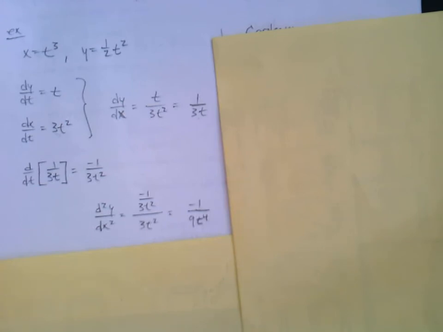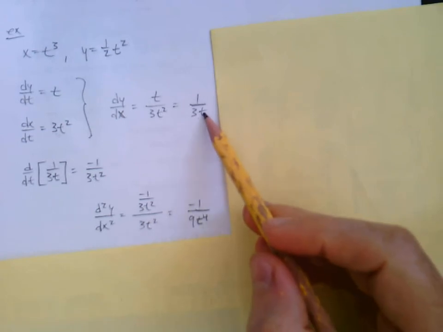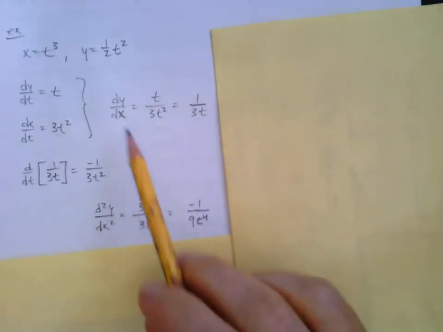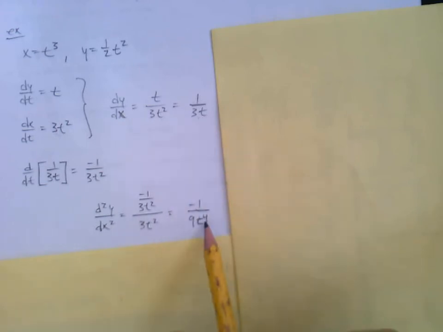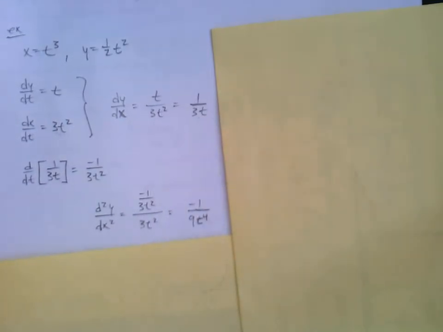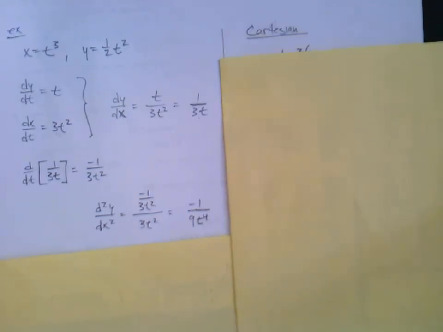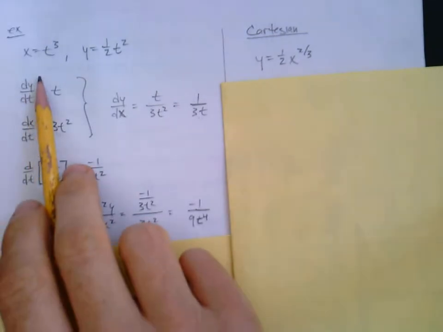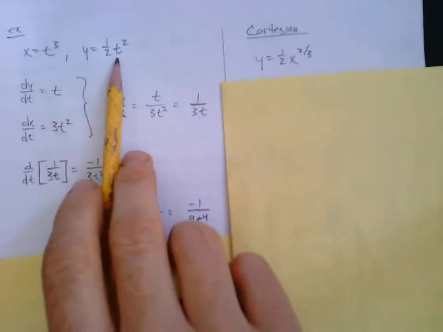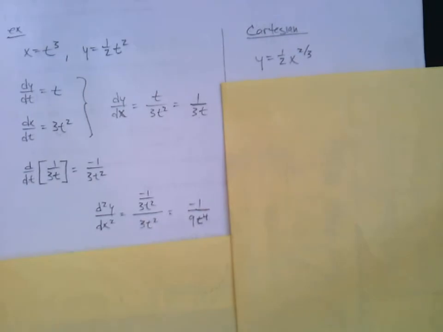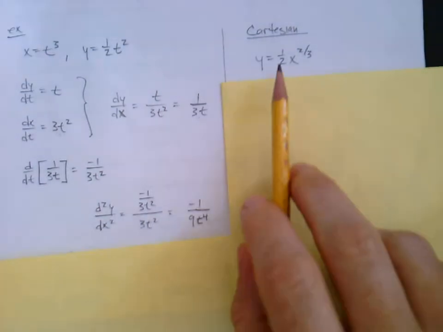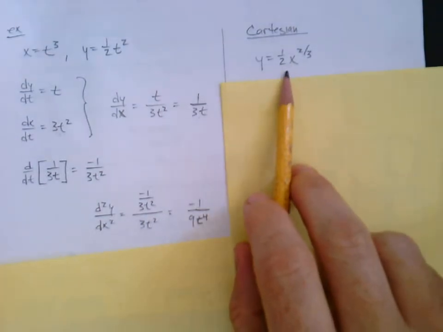There's your second derivative. Okay, so we kind of got a feel for how it all plays out. And it is all in terms of t, right? Even though this is dy over dx, our answer has the t. All right, just briefly, I wanted to compare this to doing the derivative in the more familiar style. So you might recall from one of the early examples we did in 10.1 when we were graphing, we found the Cartesian version of those parametric equations is y equals 1/2 x to the 2/3.